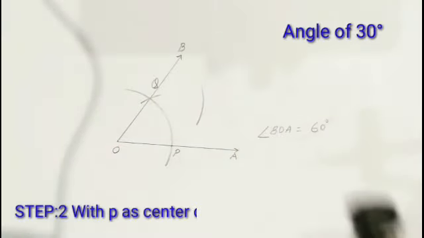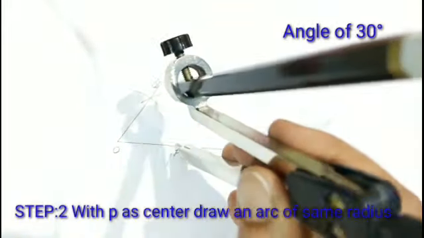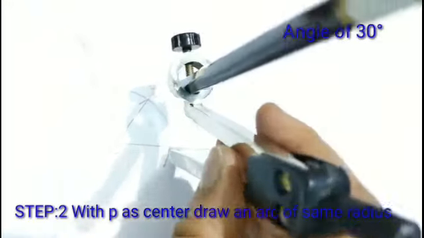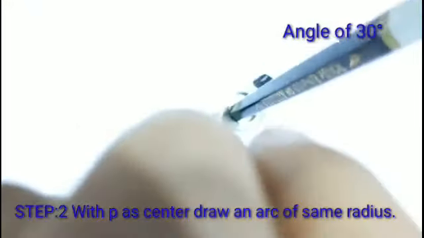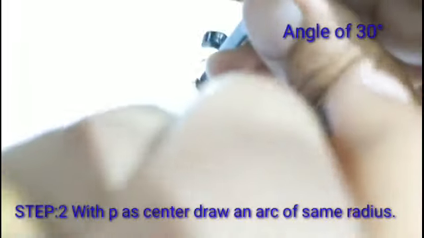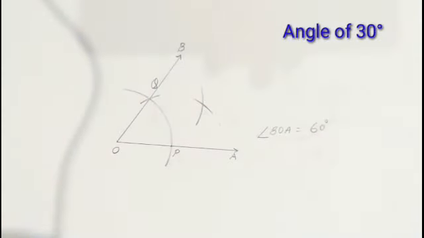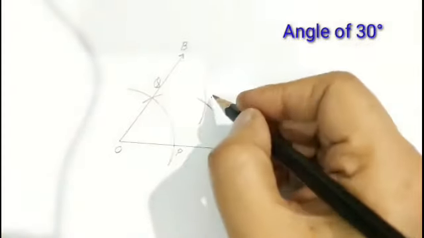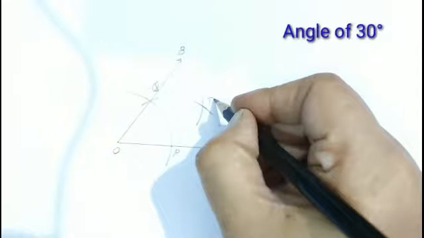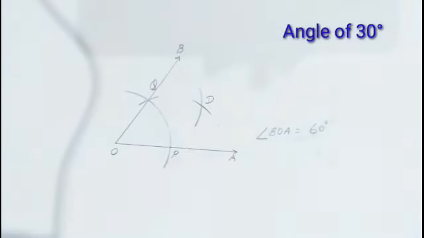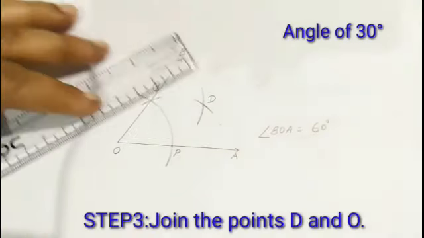Step 2. Without changing the length of the arc, with S as center, repeat the same. The two arcs meet at point D. Step 3. Join DO.